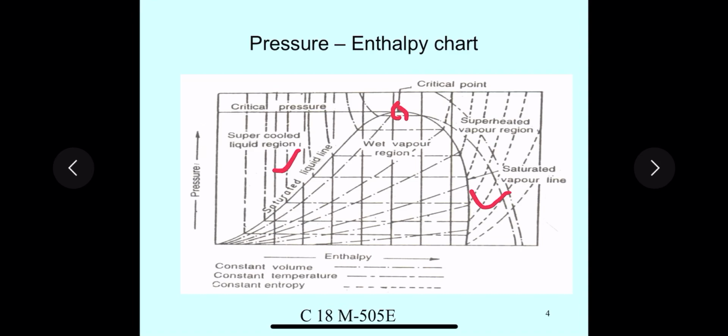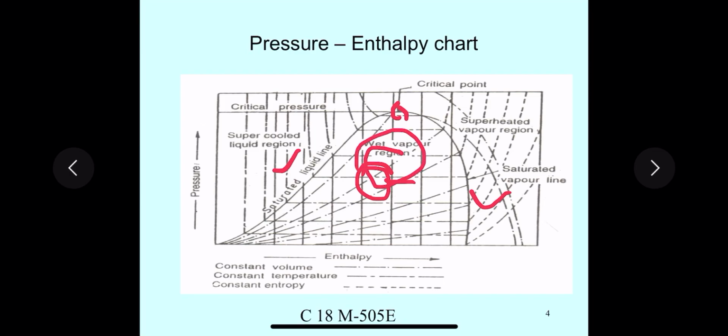Okay, the saturated liquid line, above that is considered the supercooled liquid region, at critical pressure, and beyond the saturated vapor line is called the superheated vapor region. In between the saturated liquid line and vapor line, inside the curve, we call the wet region. This complete dome is called the wet region.